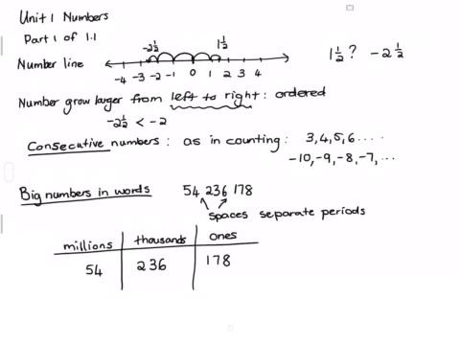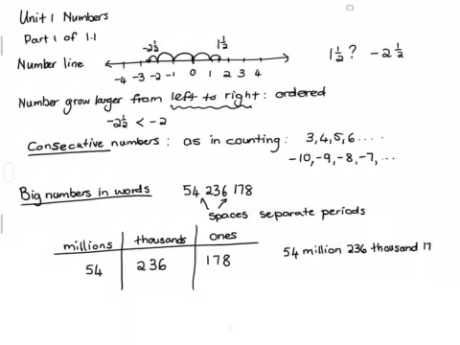Okay, why am I doing all of this? It helps us to see how we say this. So if we now say the name, we start from the left and we just say the part in that period. In other words, we would just say 54, and then we would say the name of the period, 54 million. Then the next part we will also just say as 236,000.